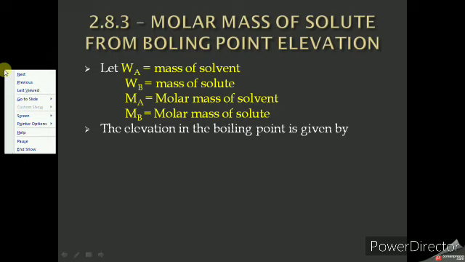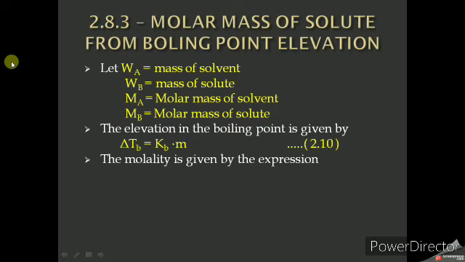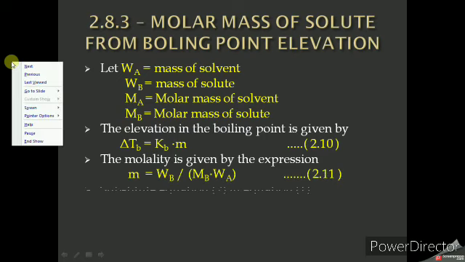The elevation in boiling point is given by delta Tb is equal to Kb into m by using the previous formula, and the molality is given by the formula m is equal to number of moles of that solute divided by mass of that solvent.